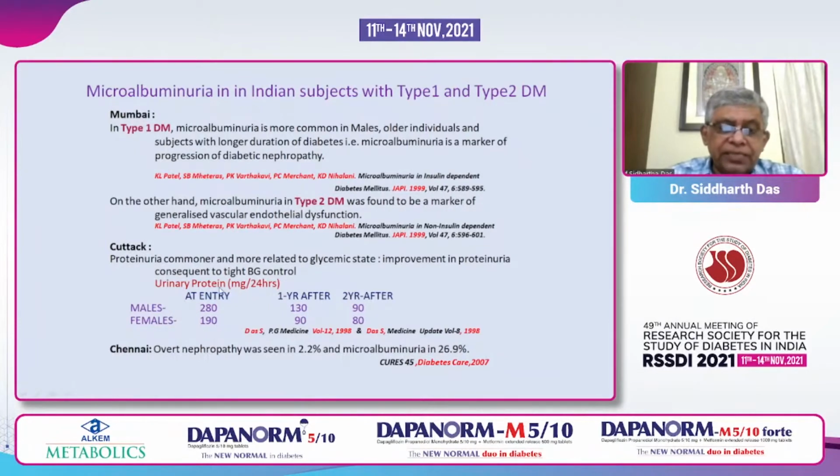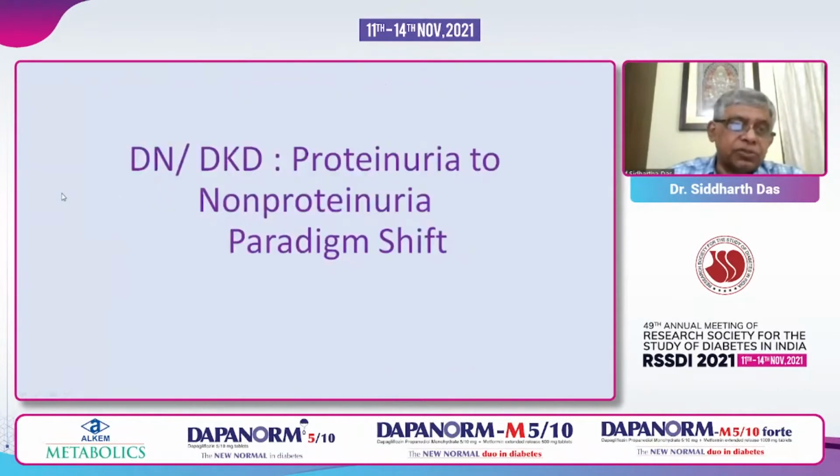At entry, in males and females, the urine protein was 2.2 to 80 to 190, and with good glycemic control, urine protein excretion came down to 90 milligram per deciliter and 80 milligram per deciliter. So in Chennai, overt nephropathy was seen in 2.2% and microalbuminuria in 26.9%. Thus, microalbuminuria and nephropathy in type 2 diabetes are not because of the same cause.